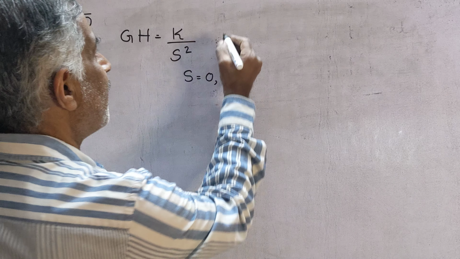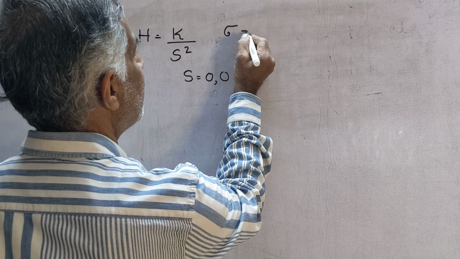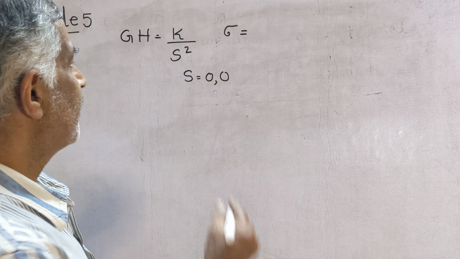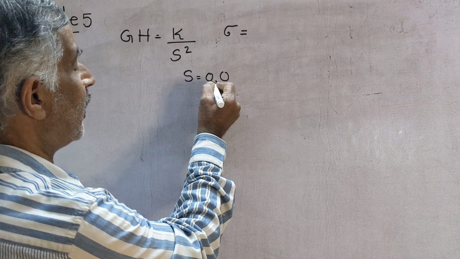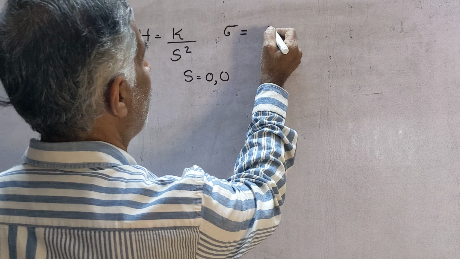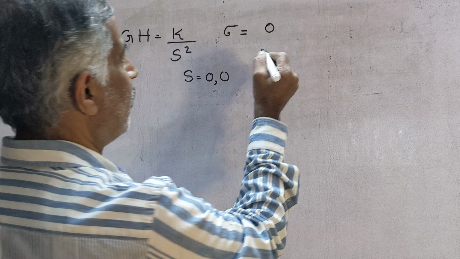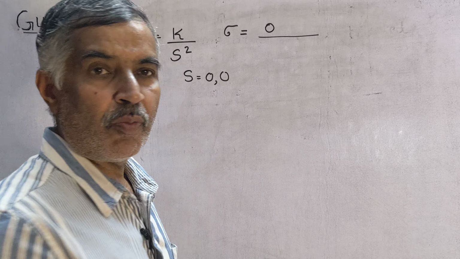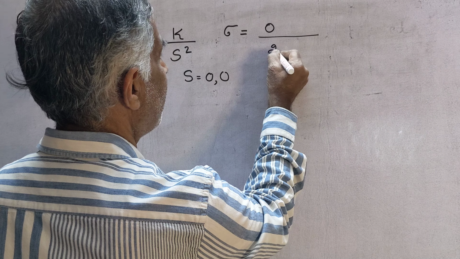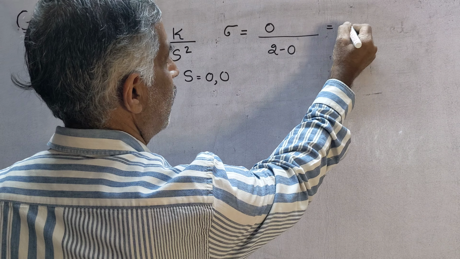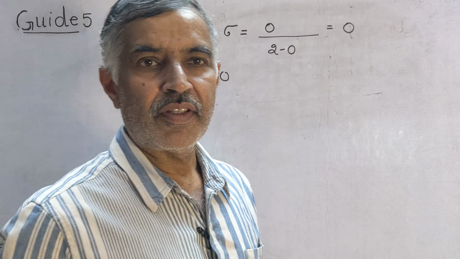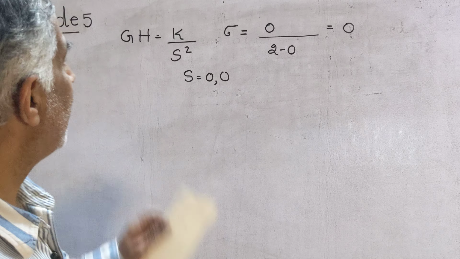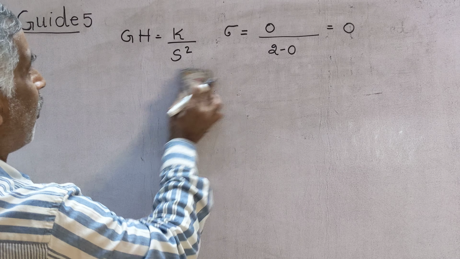Therefore, the centroid calculation is summation of real part of poles, that is 0 plus 0. There are no zeros, divided by the number of poles minus number of zeros, that is 2. Therefore, centroid is nothing but origin. Origin is the centroid. So this is how we calculate the centroid.